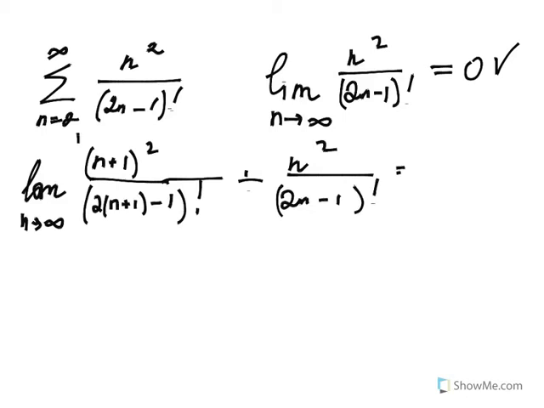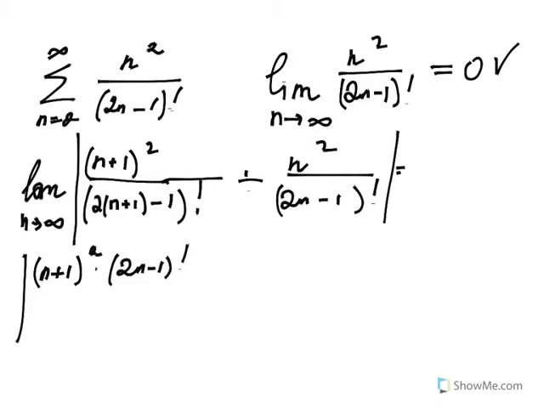I'll add it at the end, by the way, absolute value. Okay, so we get n plus 1 squared times, we're going to flip the second fraction, and it's 2n minus 1 factorial. On the bottom we have 2n plus 2 minus 1 times the nth squared.